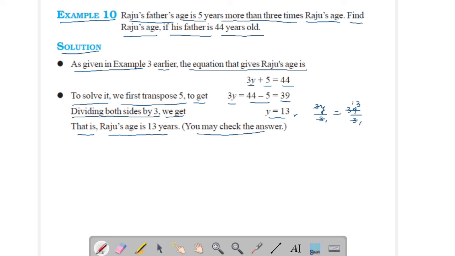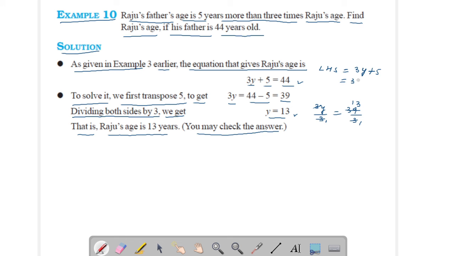You may check the answer also. Here simply put the value of y in this equation. What will you get? Left hand side equal to 3y plus 5. Here the value of y is 13.